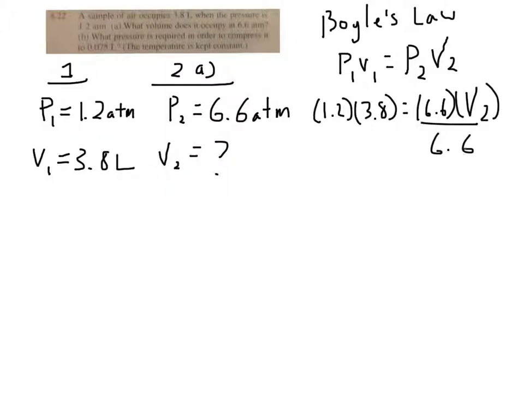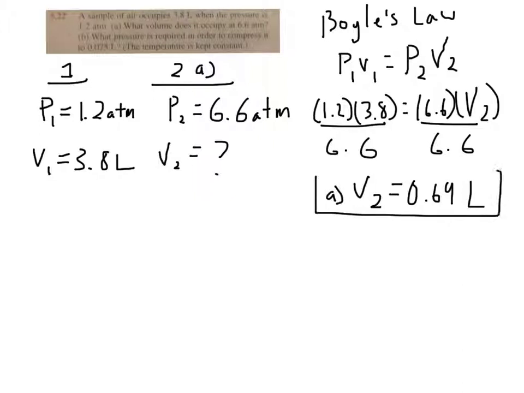So we divide by 6.6, and V2 ends up equaling 0.69. Our unit is liters, because whenever we're working with these ideal gases we use liters. So 0.69 liters. Note, this is our answer for part A only.